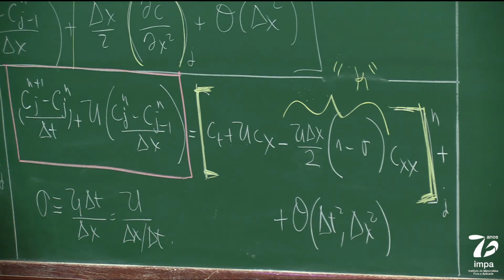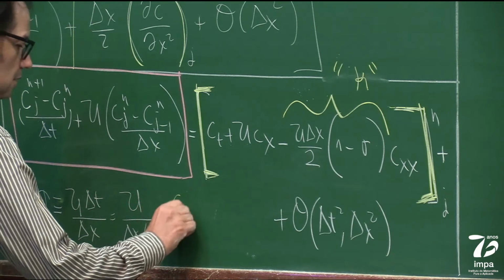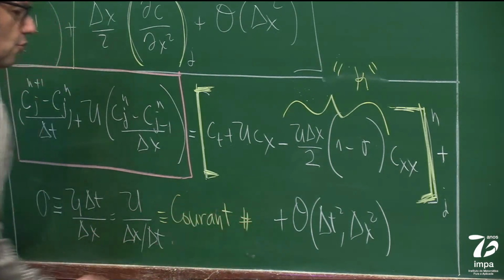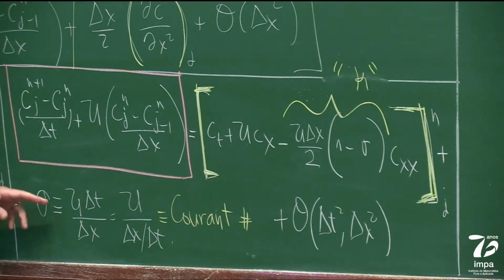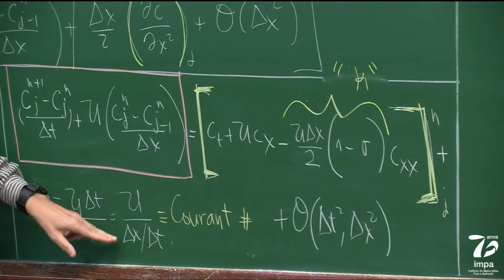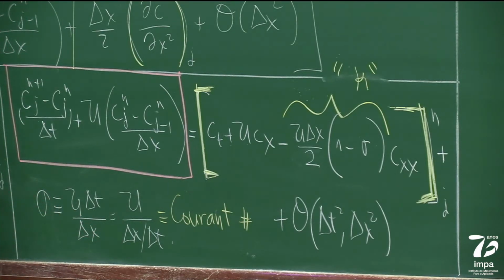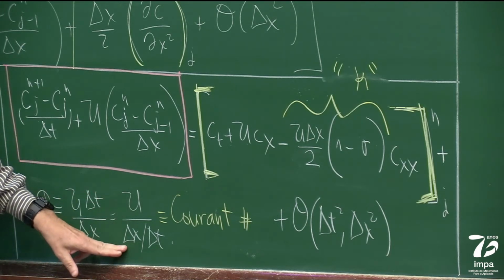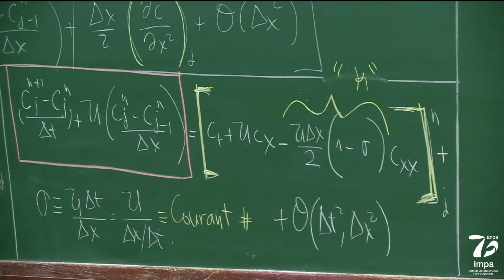This is usually called the Courant number. The Courant number appears sometimes written like this. I'm just writing it like that to remind you, as I mentioned last time, that it is a ratio between the true speed and the numerical speed. Okay? And there's usually a CFL condition for these things, which says the Courant number has to be smaller than 1 and so on. And you will see it here also.